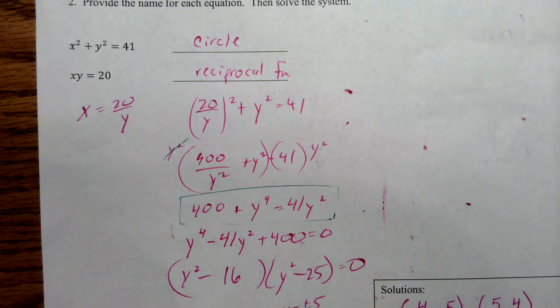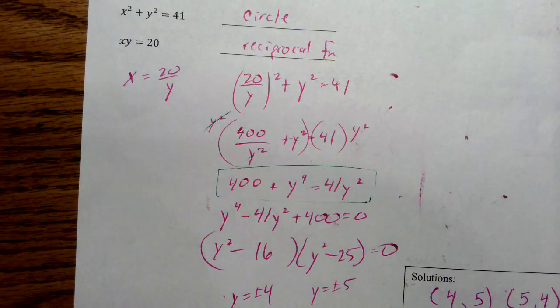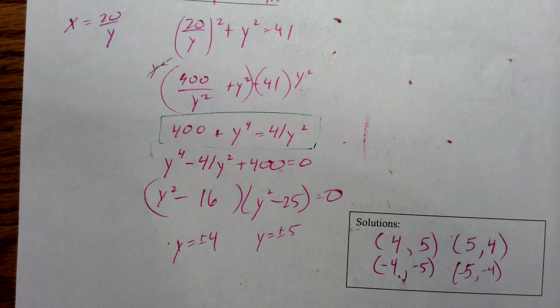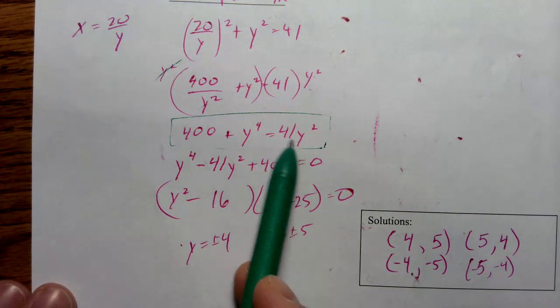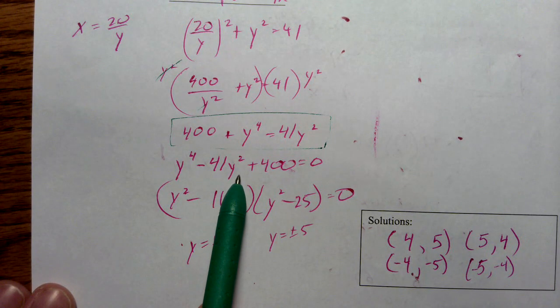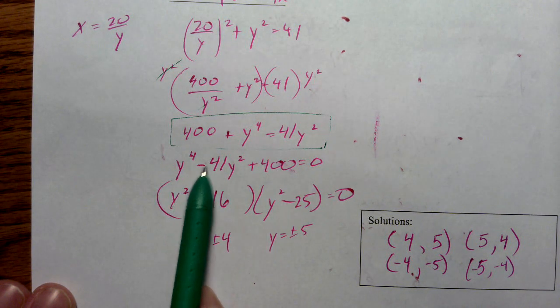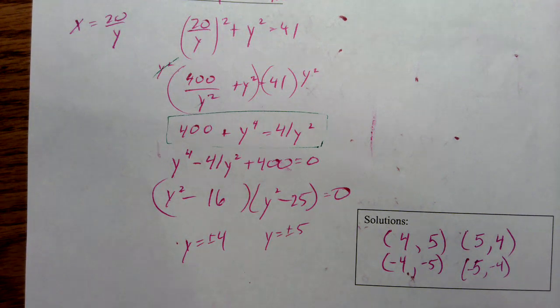Okay, but the kicker is then a lot of crazy things start happening sometimes through our algebra. So I want you to see what's happening here. We have ourselves this, and then I'm going to subtract 41y squared here plus 400. So when I do that, I have y to the fourth minus that plus it, and then I'm like, okay, well, here's the thing you really got to know.